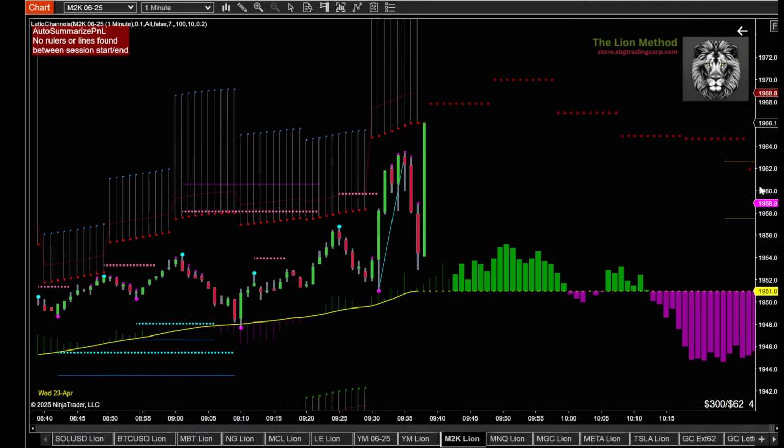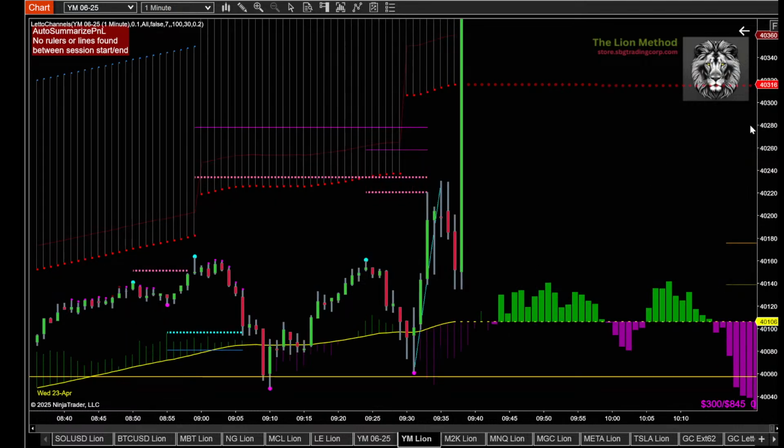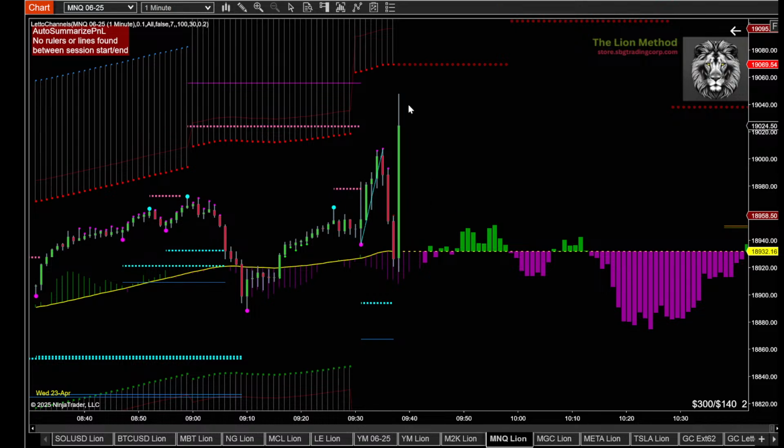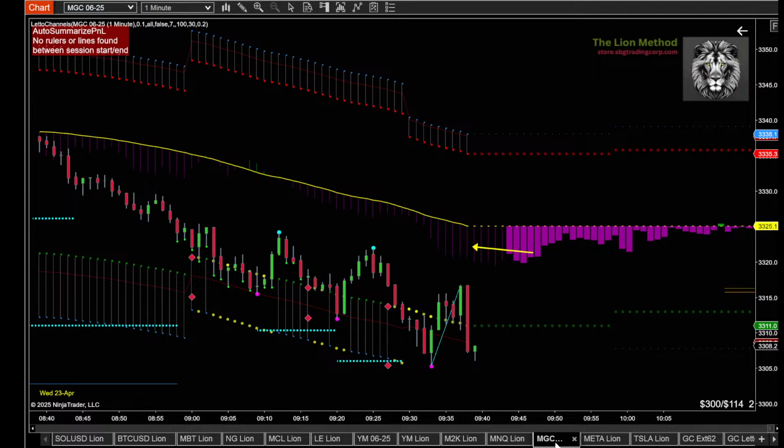Okay, well, something's going on here. 9:37 in the morning. We are now overbought in the Russell. We're way overbought in Dow. Micro NASDAQ is moving upward. All right, if things hold out, we might have a buy dot here in gold.